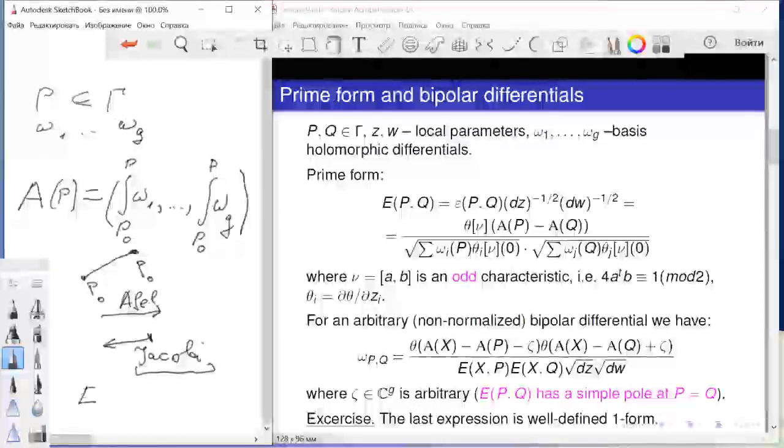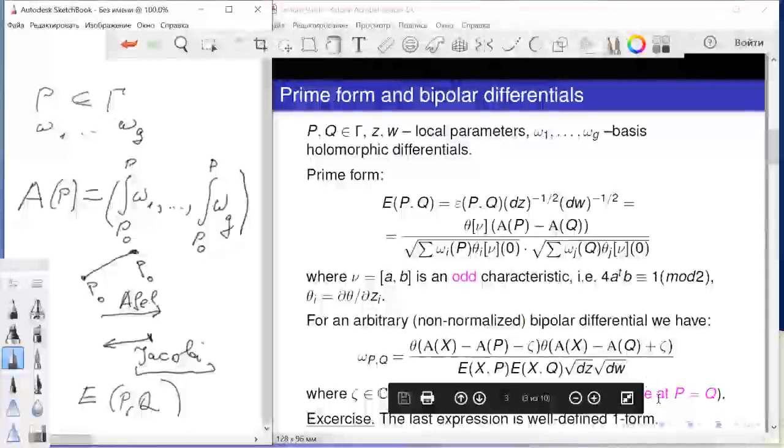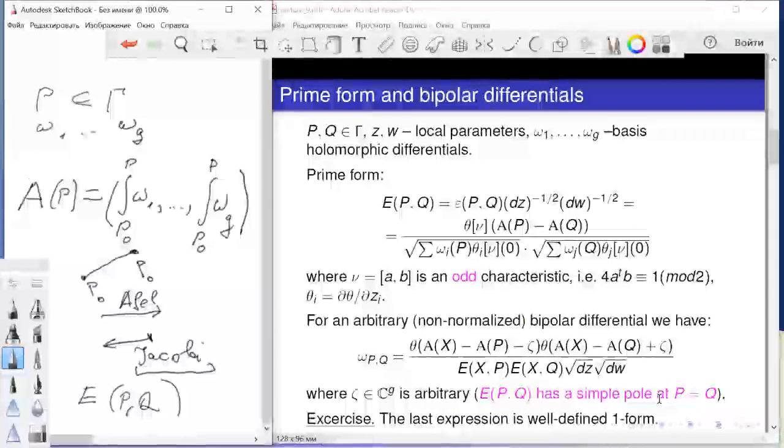E of PQ is written wrong here, sorry. What's written here in violet color is wrong. E of PQ has a simple zero at P equal to Q, a simple zero, not a pole.